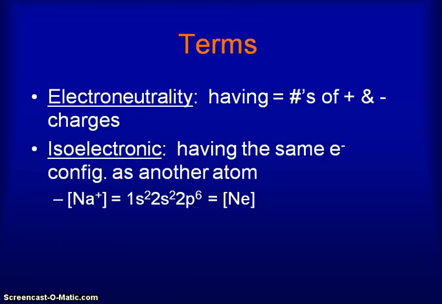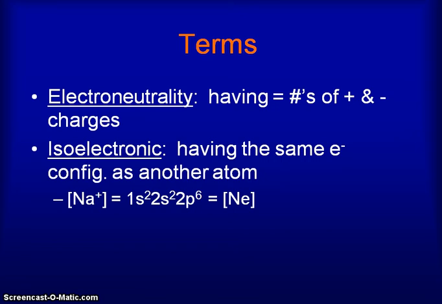A couple terms in this section: electroneutrality, which means that you're going to have equal numbers of positive and negative charges. So wherever there's a positive charge, there's a negative charge somewhere to match it. And then isoelectronic means that elements can have the same electron configurations as each other.